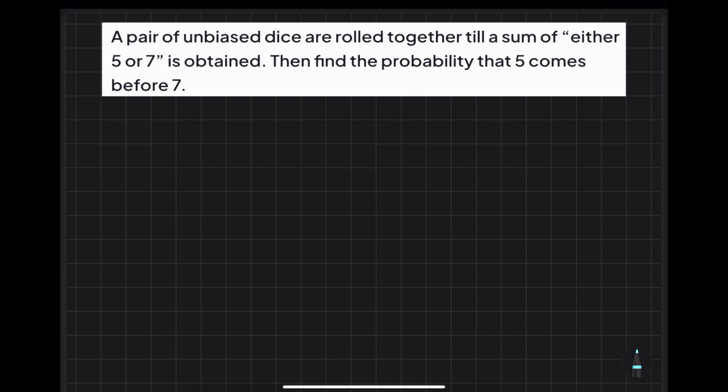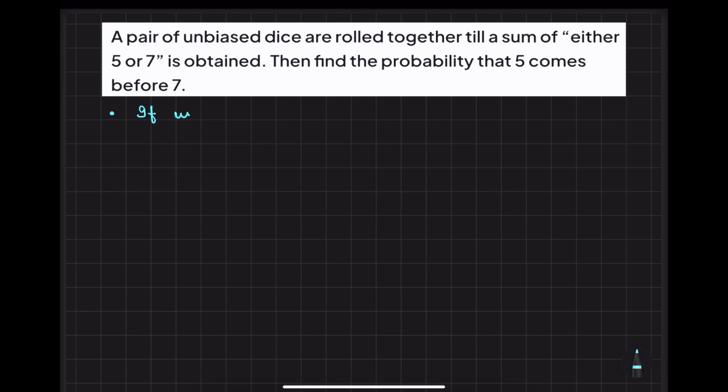So, we got a wholesome new problem which says a pair of unbiased dice are rolled together till a sum of either 5 or 7 is obtained. Now, what does this mean?